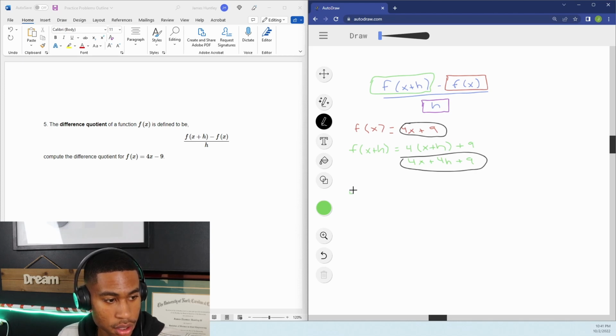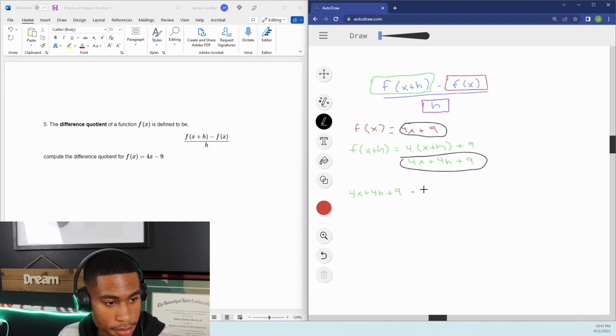So we're going to plug and chug literally those values. So 4x plus 4h plus 9, right? I just used that function and found that function value. And then I'm going to switch over to red.